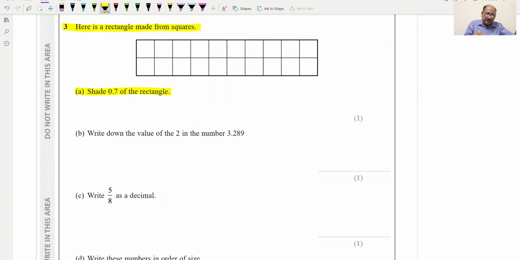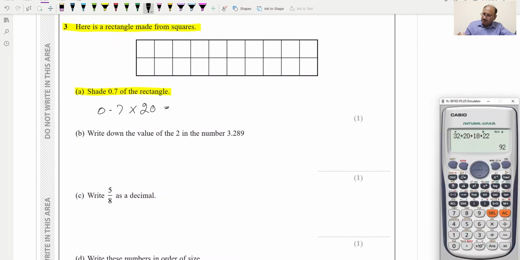Shade 0.7 of the rectangle. If we count these, 1, 2, 3, 4, 5, 6, 7, 8, 9, 10, so 10 to the 20, these are 20 squares. So 0.7 multiplied by 20 is equal to 14.